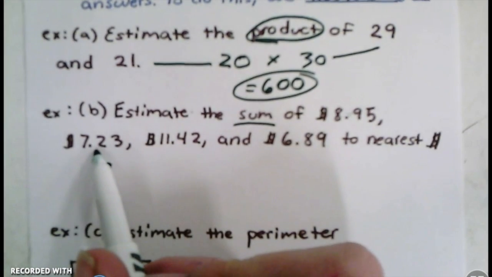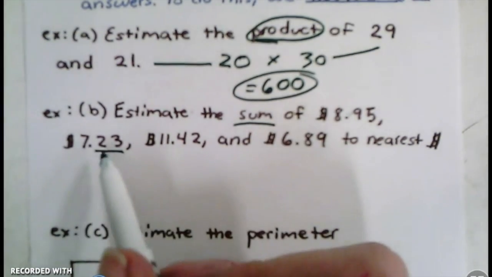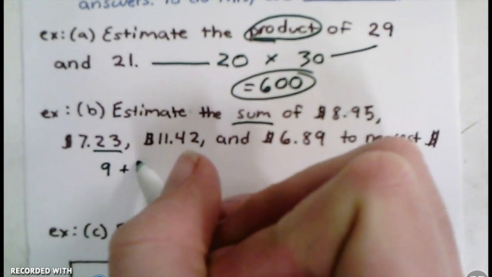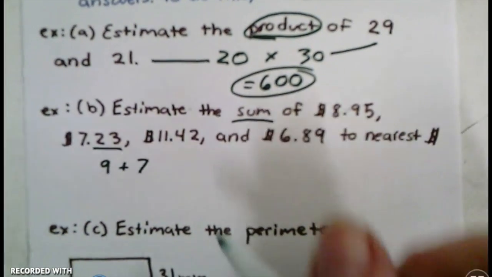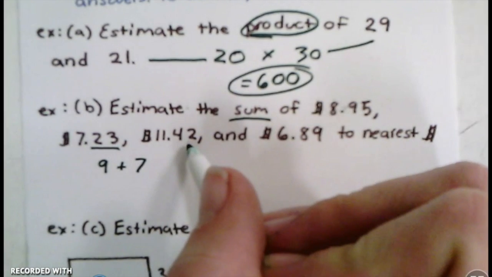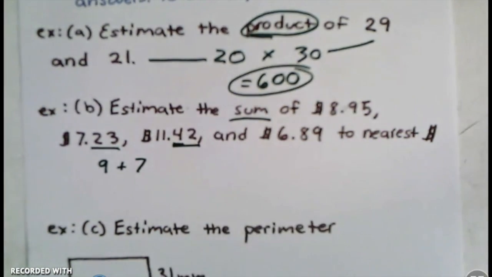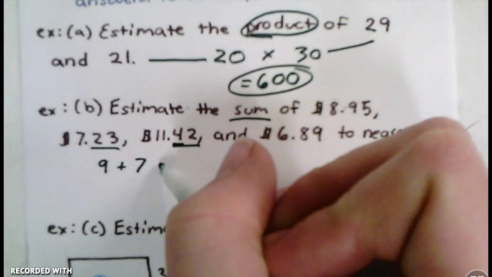So here I have 23 cents, so that's going to go down, and so this is going to be just $7. And here I have $11.42, so 42 cents, or if I look at this 4 here, is it going to round up to 12 or down and stay at 11? Good, it's going to stay at 11.